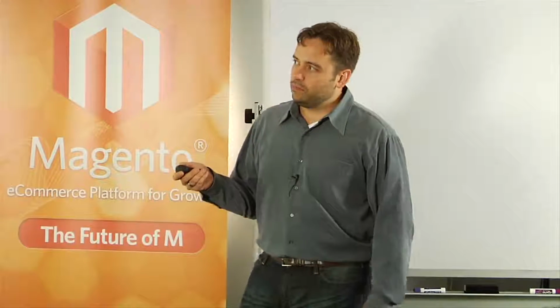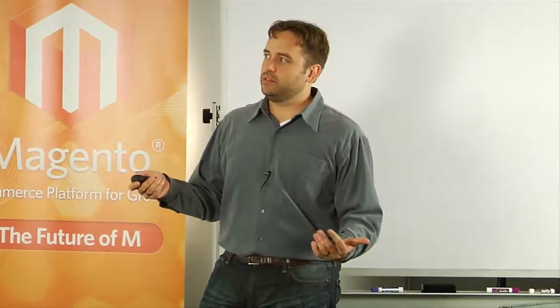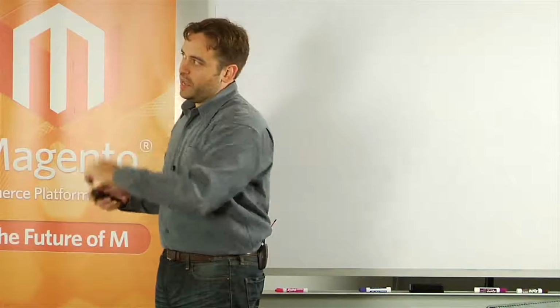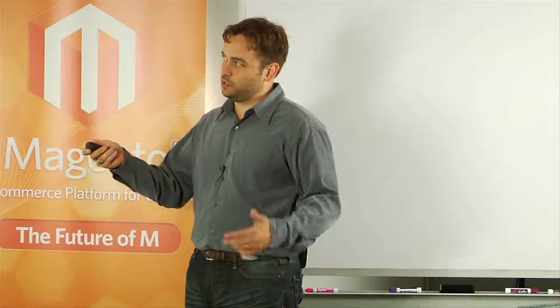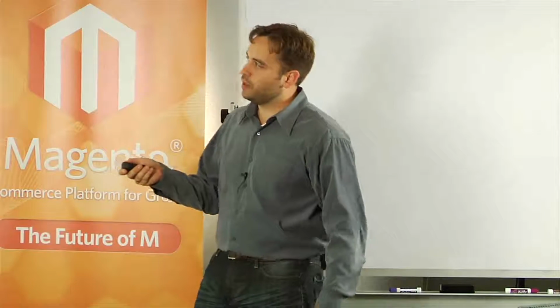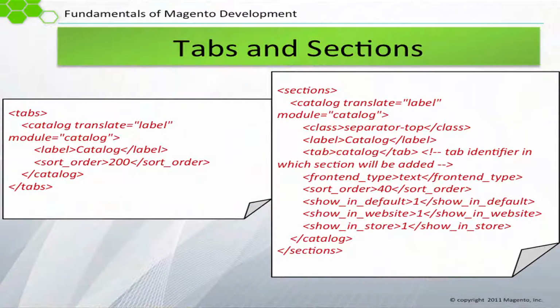So tabs, and then a node, catalog in this case, specify a label, sort order. And then adjacent to that, we could have a section. So sections, catalog, section. So this would be the catalog section. And we can specify a CSS class and a label to be displayed.